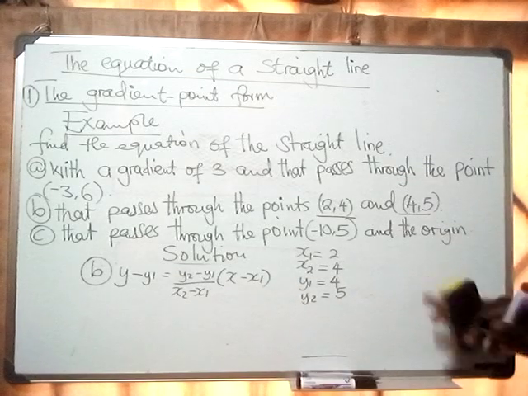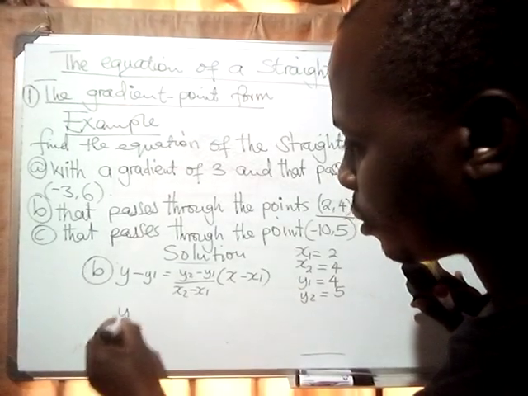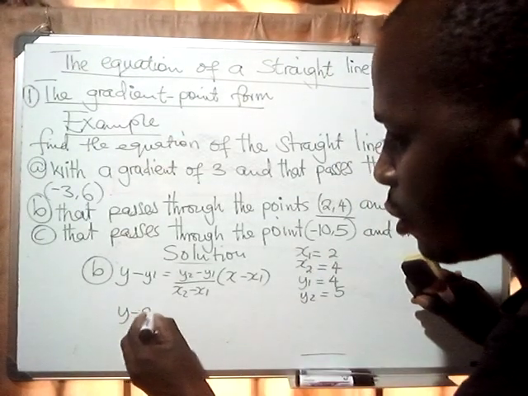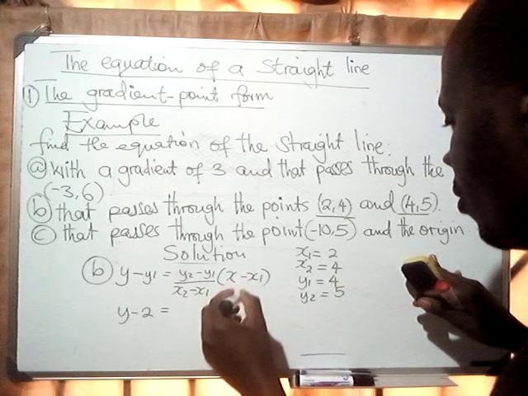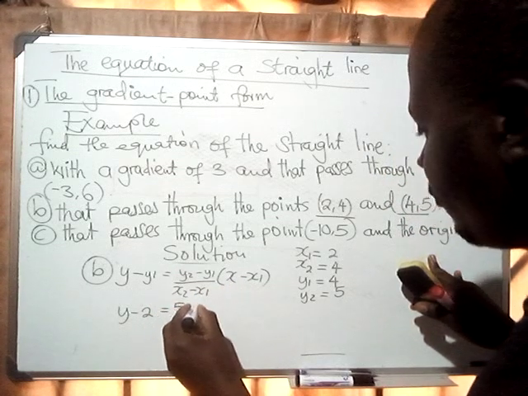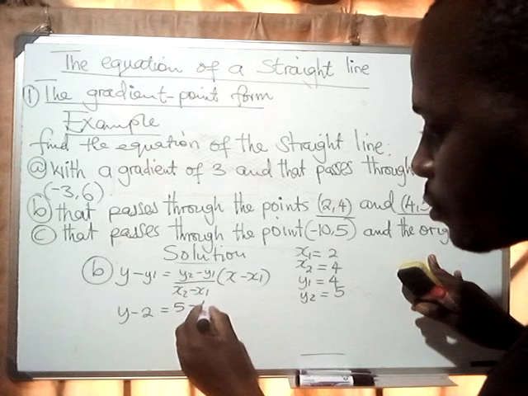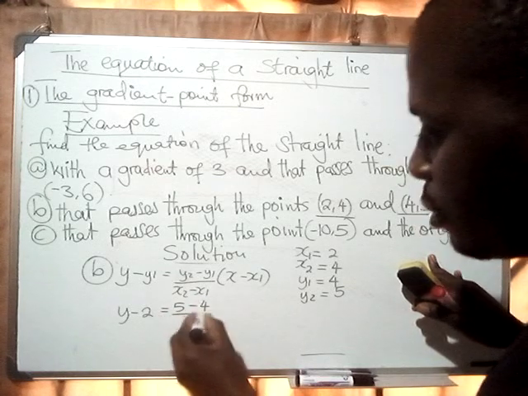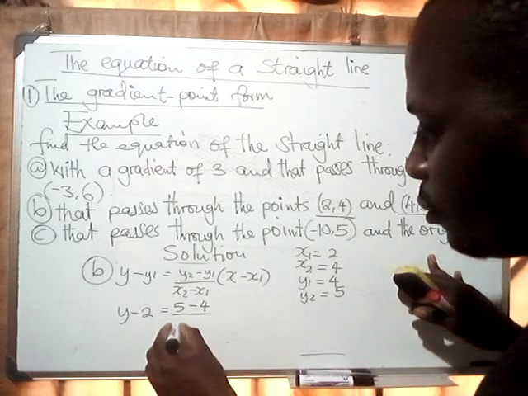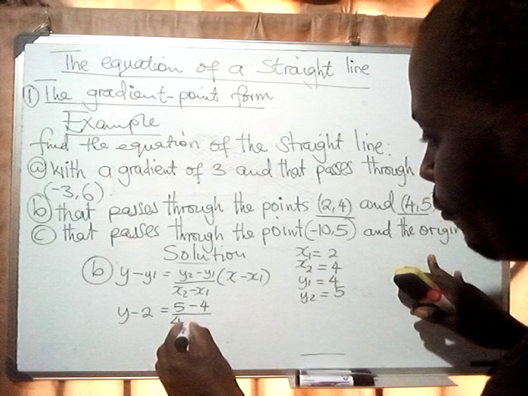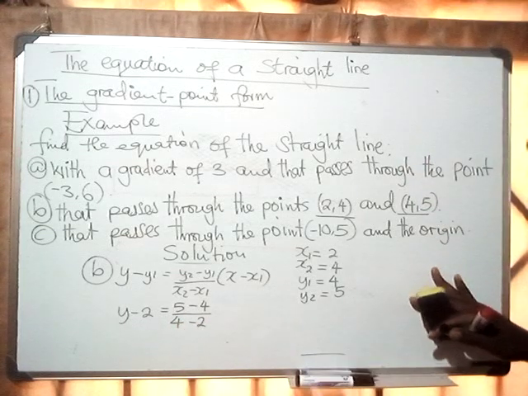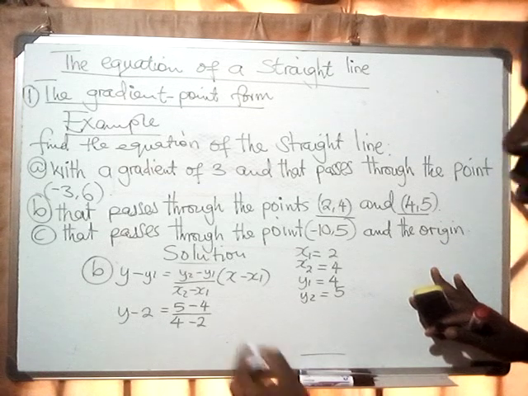Now we're going to substitute. So it will be y minus, our y1, is equal to our y2, which is 5, so 5 minus 4, over our x2, which is 4, minus 2, because our x1 is 2.